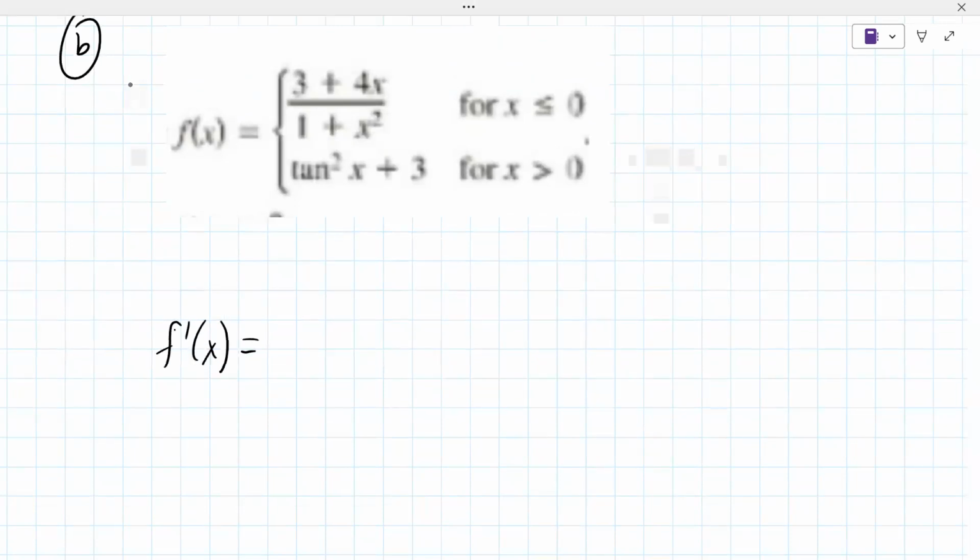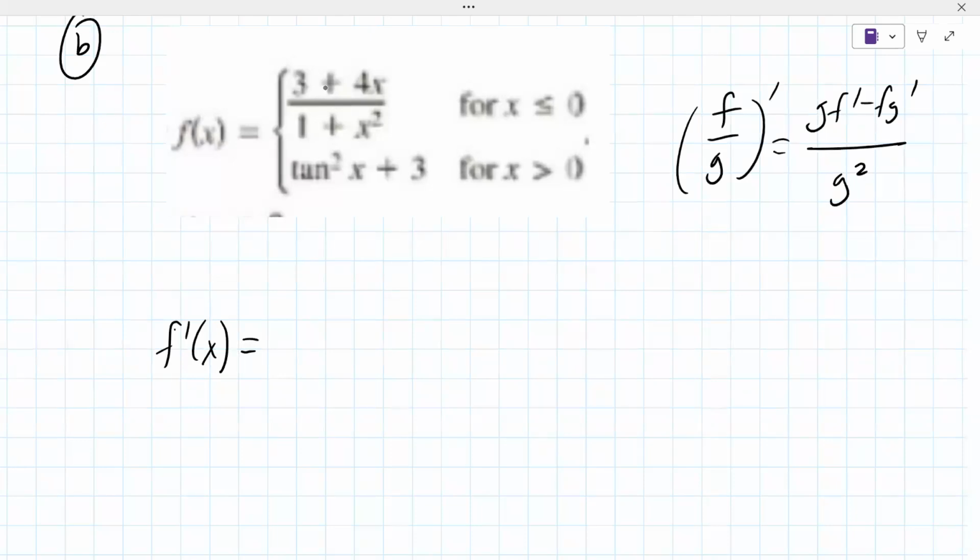You have to use the quotient rule. Yeah, so it could be a bit of a messy thing there. Do you have some questions about the derivative of that? Do you want me to write it out? What would help you here? You don't have to simplify, you just have to have it there.